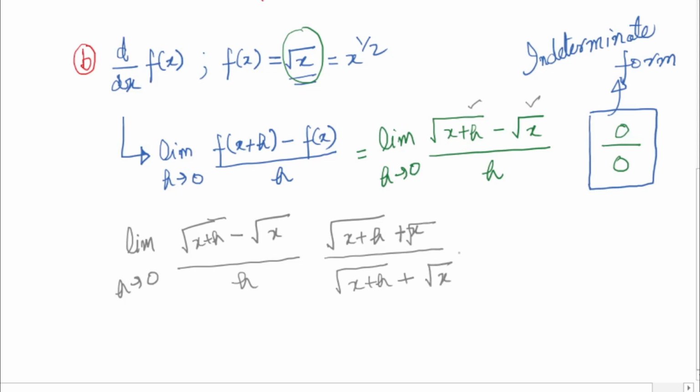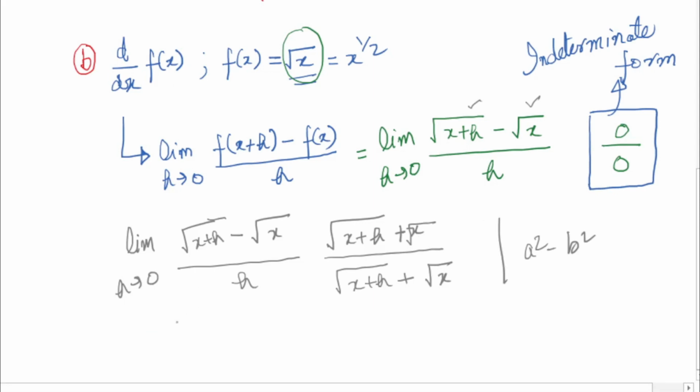Yes, this is the conjugate of the numerator. If we multiply, you can remember again the concept of a square minus b square, equal to a plus b in the first round bracket and a minus b in the second.